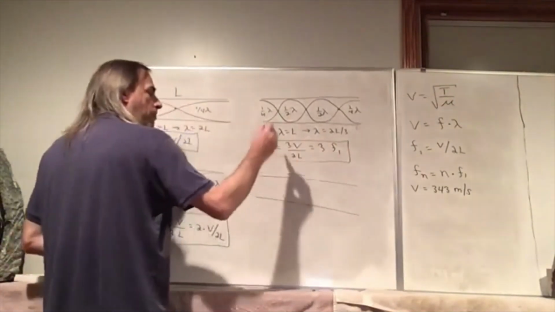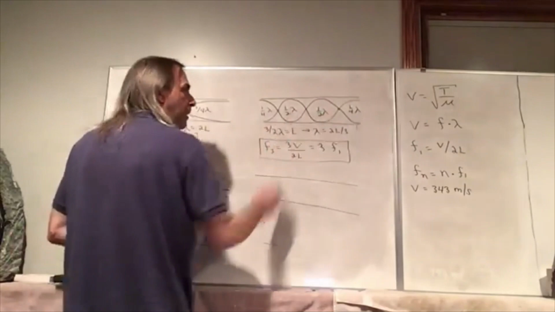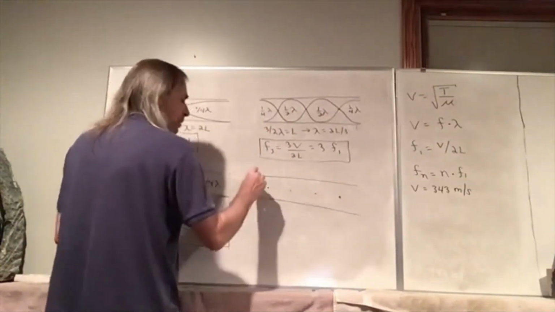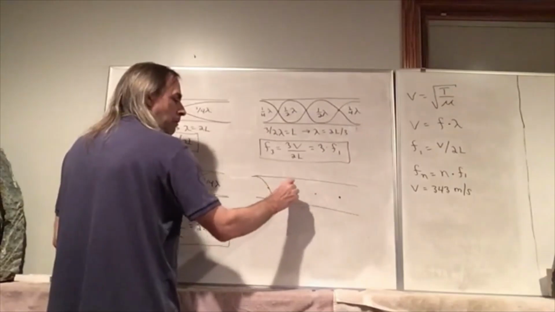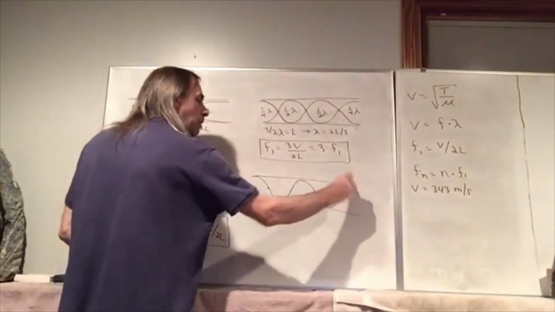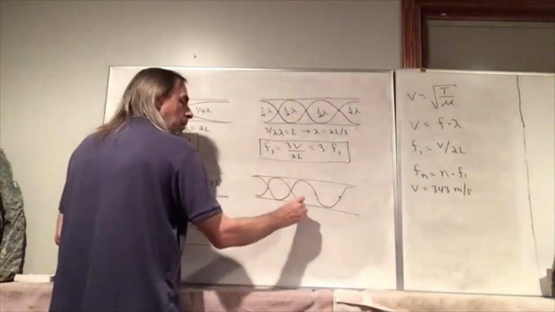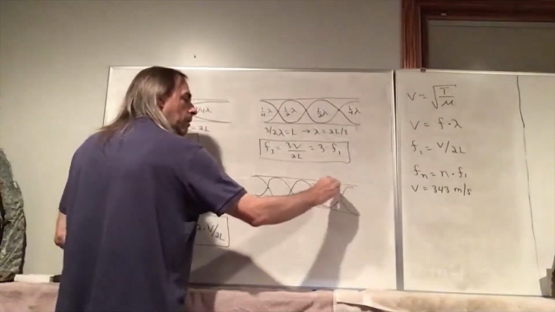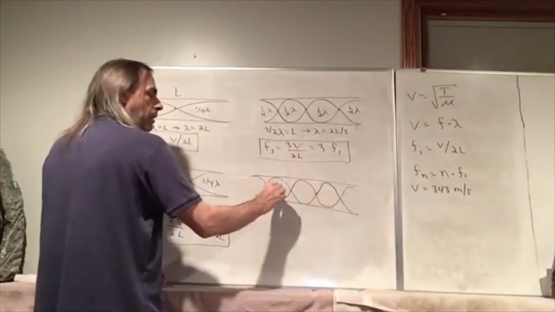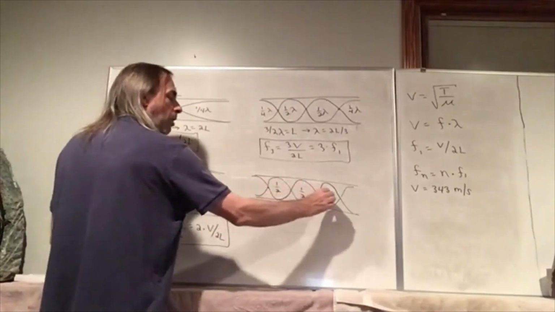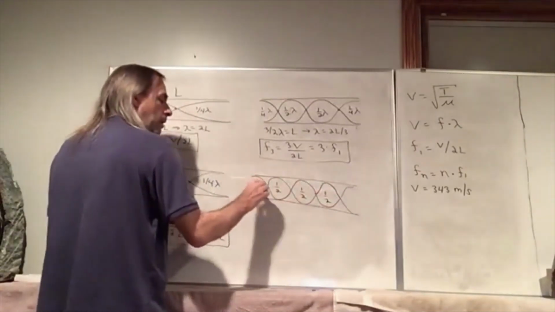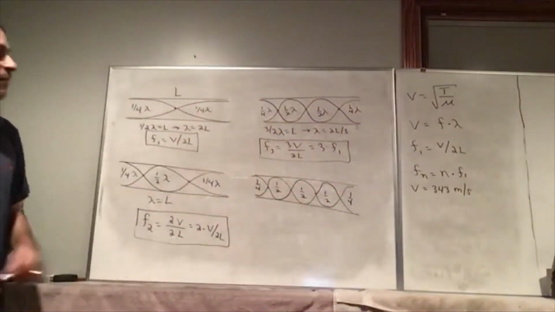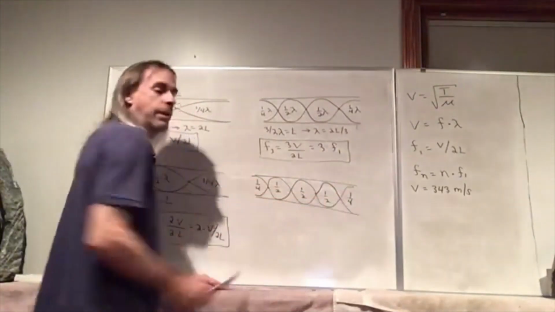Let's draw one more picture and then be done with it. So we have 4 nodes now. Not the best picture, but there we go. So here we have 2 full wavelengths. We start adding these, that's a half.